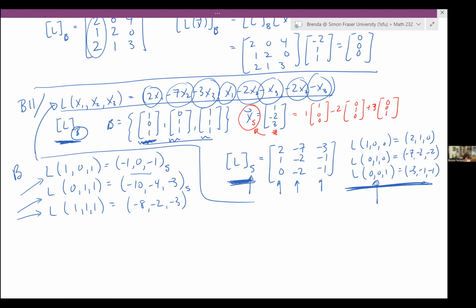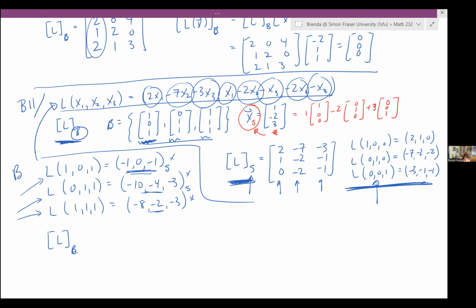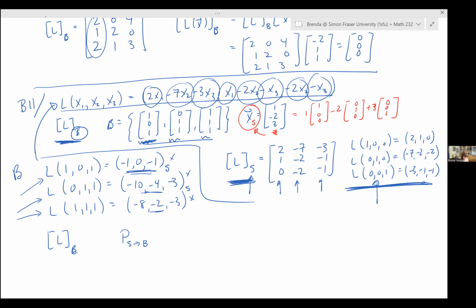When I do this computation, I get a vector whose coordinates are relative to S. Because I am trying to give the linear transformation relative to the basis B, I need to take each one of these and change it from the standard basis to the basis B. One way to do that is to compute the matrix that is going to change a vector from the standard basis to the new basis B.